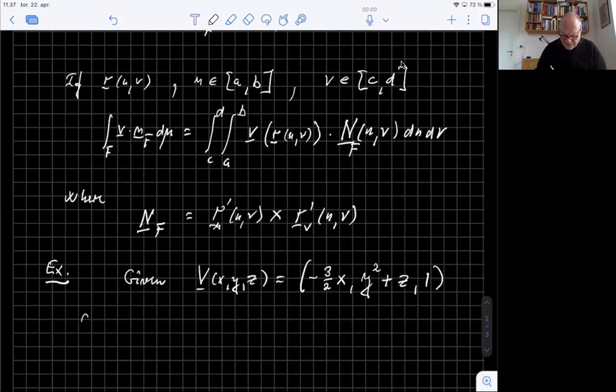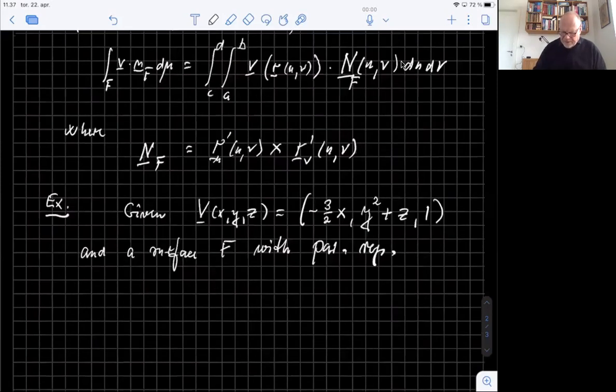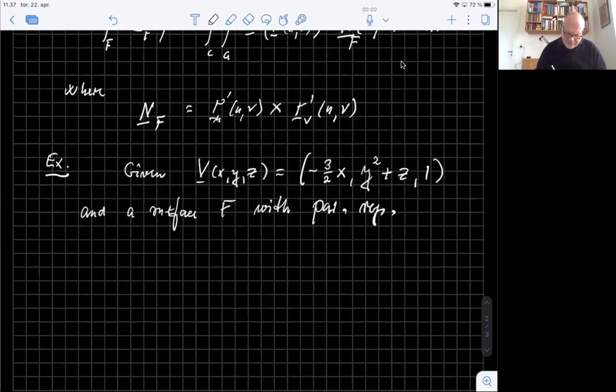And we are also given a surface f with the parametric representation, and let's see, we have that this is equal to u, v, u squared.